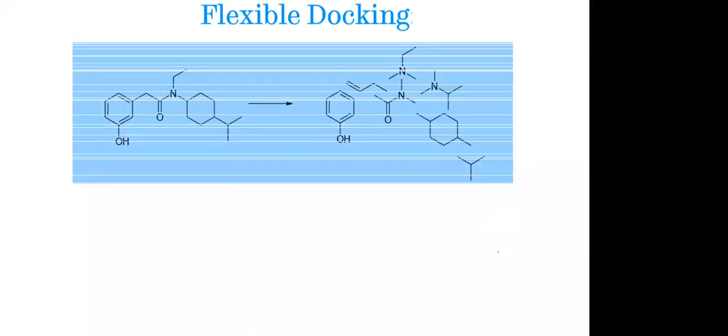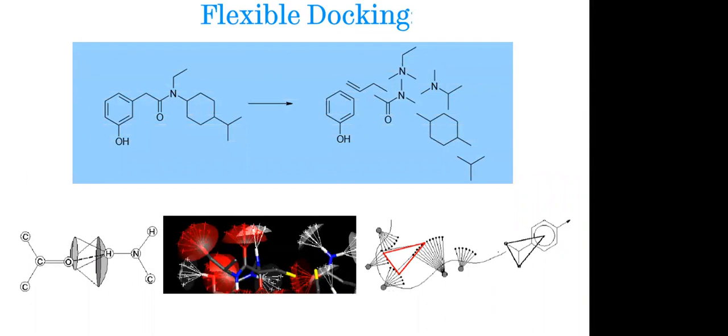And in case of flexible docking, you can see this. In this, all the torsion angles, rotatable bonds, and possible rotation bonds will be considered flexible.